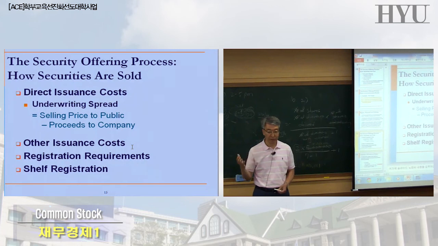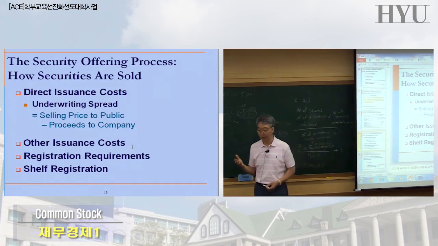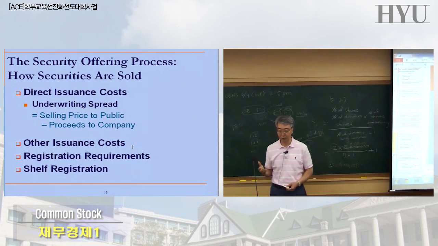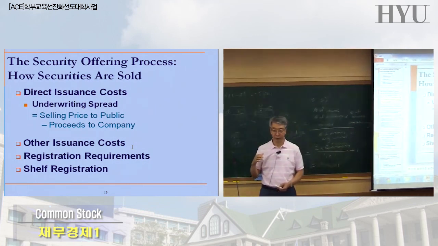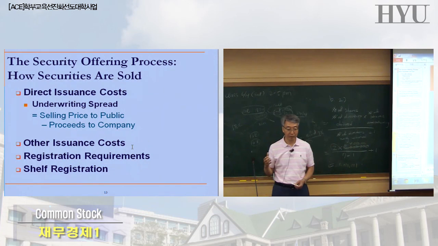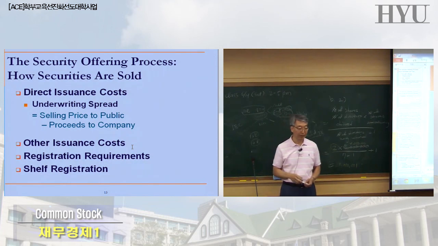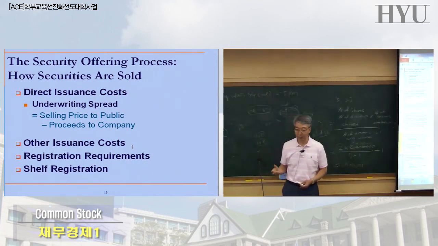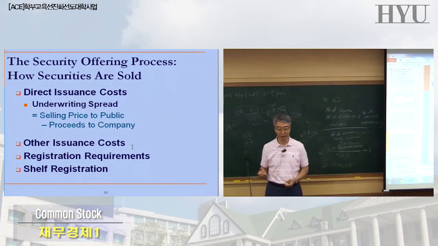What's the price at which they're going to issue the stocks? If you go too low, then of course you lose a lot of money, because you could have raised a lot more capital. So you don't want to go too low. You don't want to go too high either.